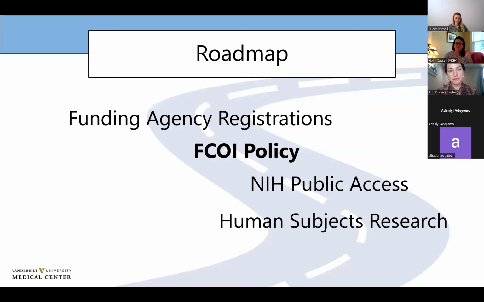Okay, so now I'm going to dive into a policy that you may not be aware of, but like I said, you need to know what it is and how you as a research administrator may interface with this policy. So this is called the NIH Financial Conflict of Interest Policy.